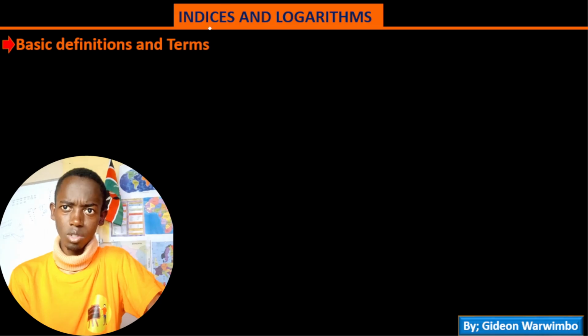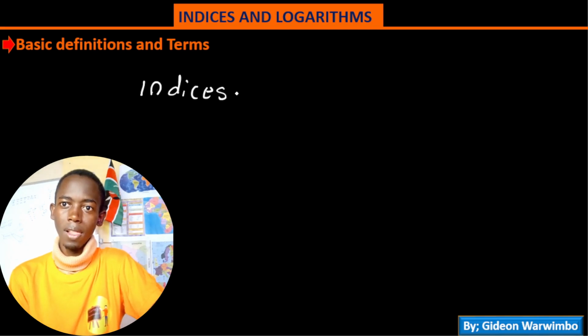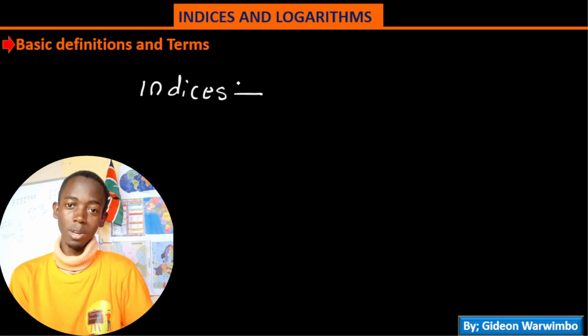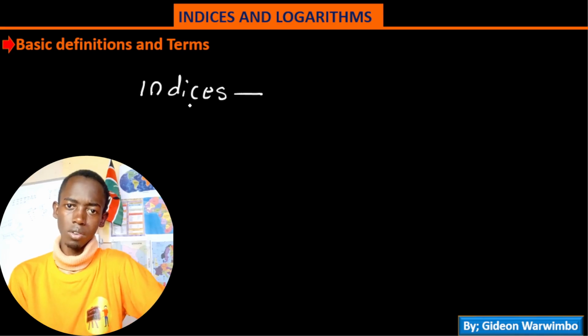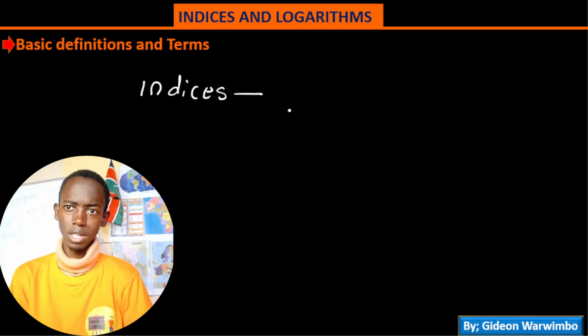So let's just get into indices first. You see this term that we have right here, that is indices. This is a term that I know you may have heard quite a number of times, but not so many people know where it actually originated from. It originated from the term index.